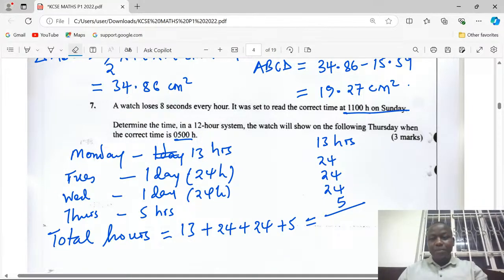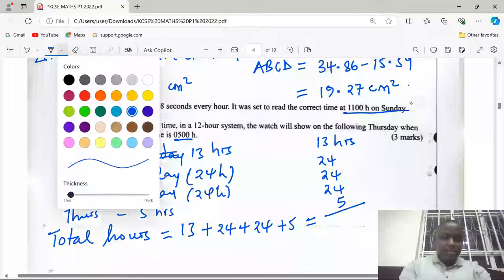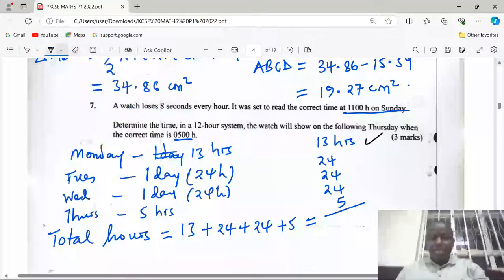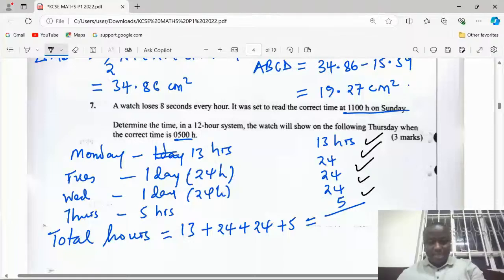So we are saying on Sunday 11:00 all the way to Thursday 05 hours. It means there are 13 remaining hours for Sunday to end. Then from Monday to Tuesday, Tuesday to Wednesday, Wednesday to Thursday.